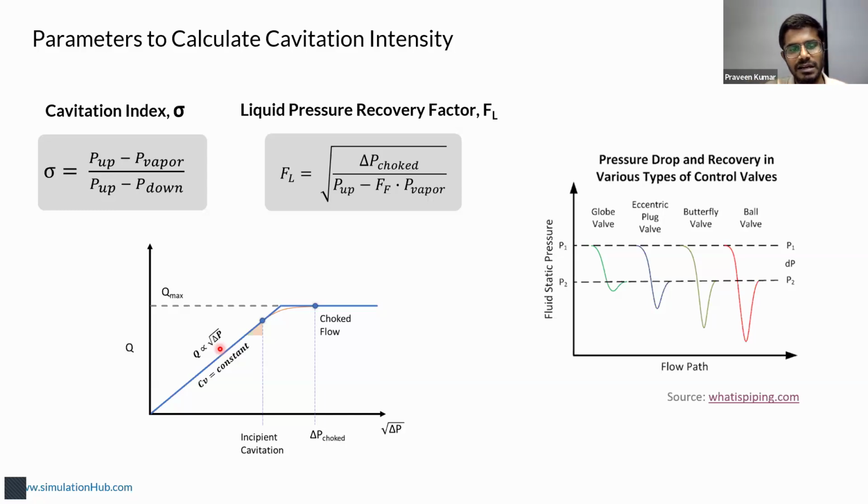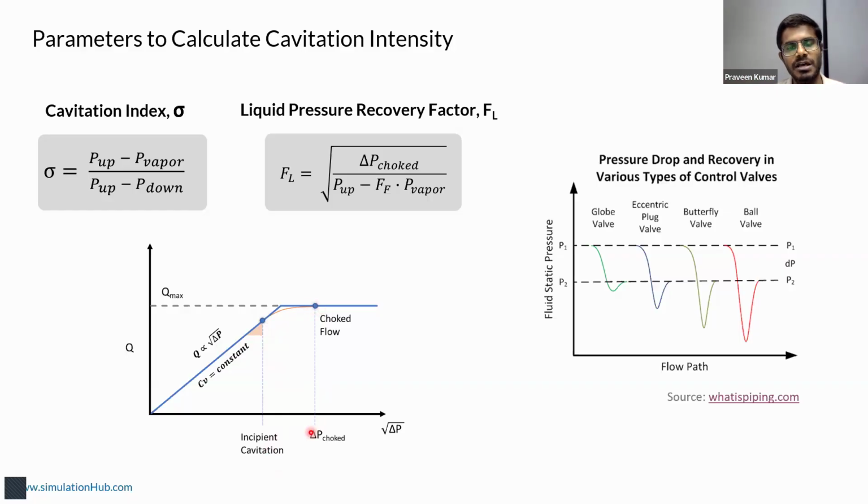It will start deviating. That point is the incipient cavitation, the point where Cv is not constant and the vena contracta pressure starts dropping below the vapor pressure. And then you can see the curve slowly reaches the choke flow.